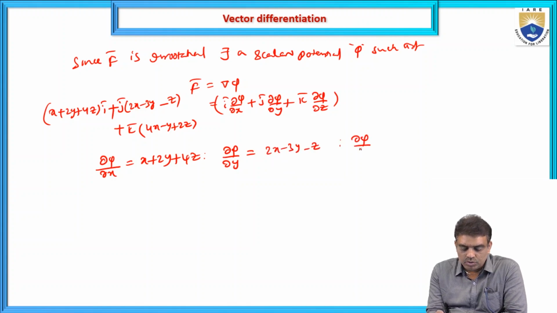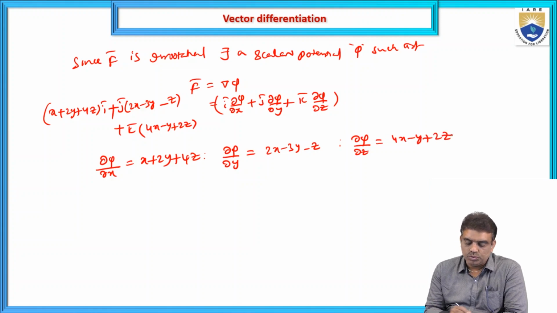And what is the last value? Dou phi by dou z is equal to 4x minus y plus 2z.